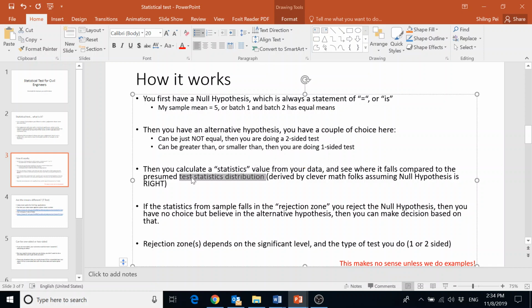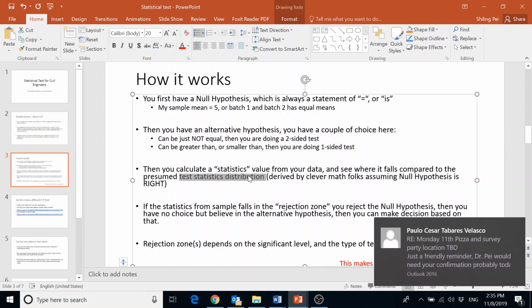This distribution has nothing to do with your data. It is determined by your null hypothesis, which, when they derive it, they assume is the truth. It's like we covered earlier in this class: the distribution of a function of random variables. So they do that purely from your null hypothesis.